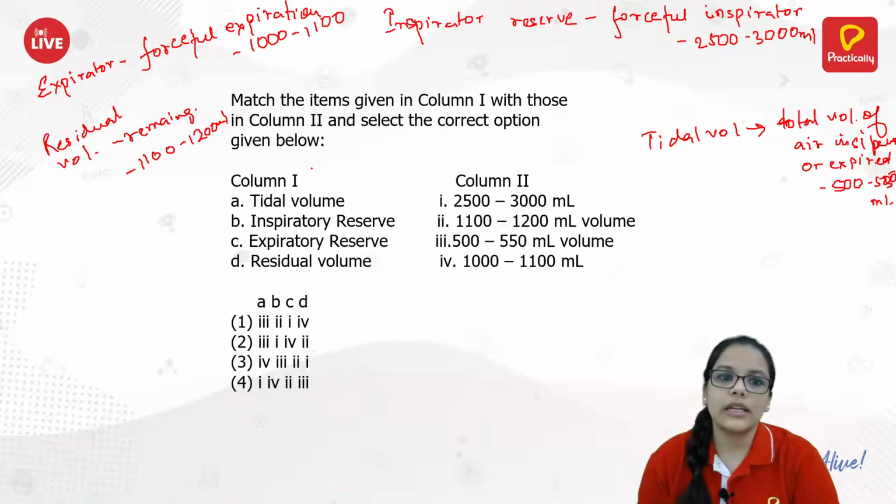So let's see, tidal volume is 500 to 550, inspiratory is 2500 to 3000, expiratory is 1000 to 1100, and residual is 1100 to 1200. So let's see, 1 3, B1, so option 2.